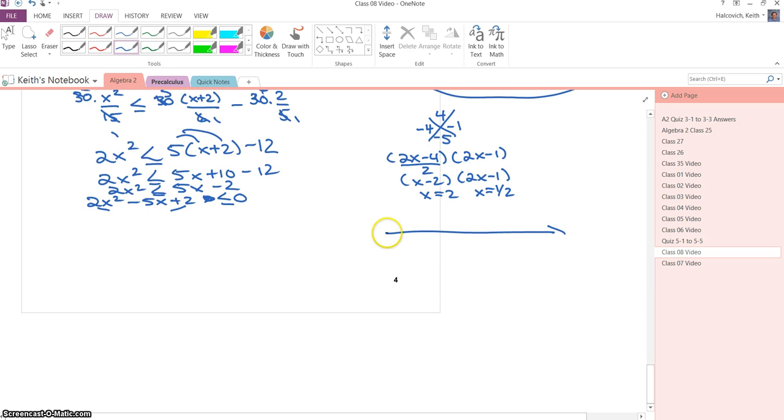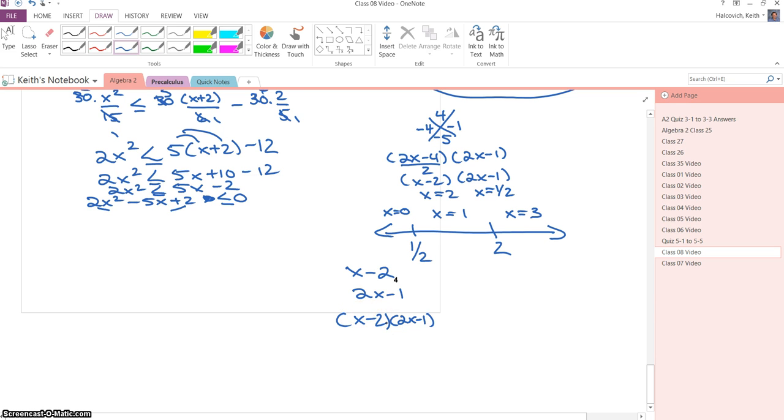Now you make your chart, because it's a quadratic inequality. So you have 1/2 and 2. And then remember you have x minus 2, 2x minus 1, and the product of x minus 2 times 2x minus 1. You can put 0 in because that's less than 1/2. You could put 1 in, that's between 1/2 and 2, and you could put 3 in.